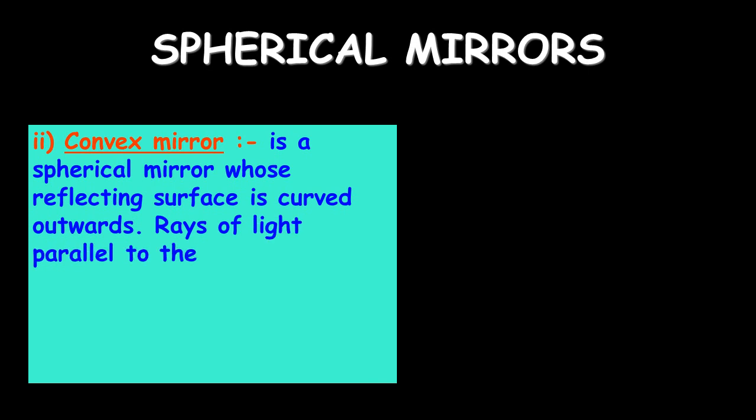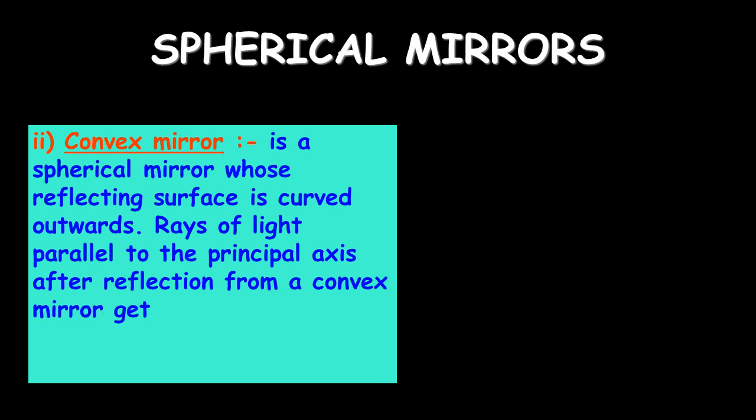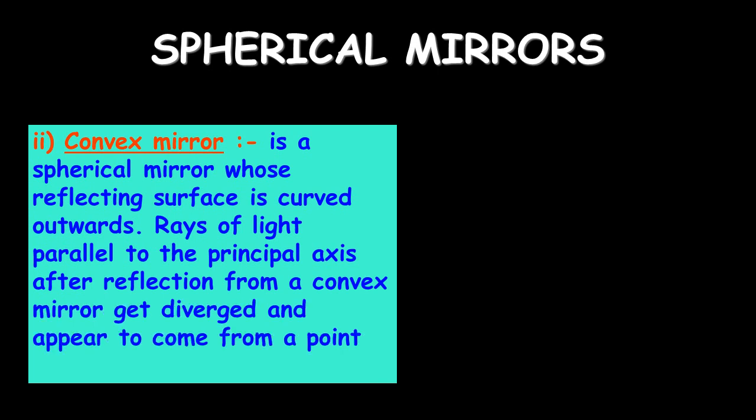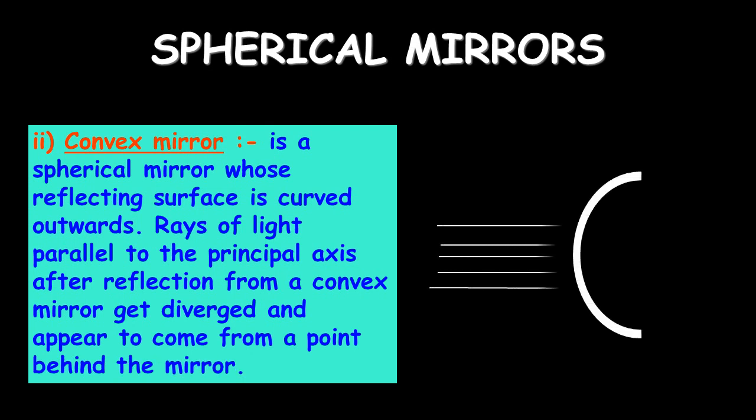A convex mirror is a spherical mirror whose reflecting surface is curved outward, as shown in the diagram. Here, rays of light parallel to the principal axis, after reflection from the convex mirror, get diverged and appear to come from a point behind the mirror, as shown in the diagram.